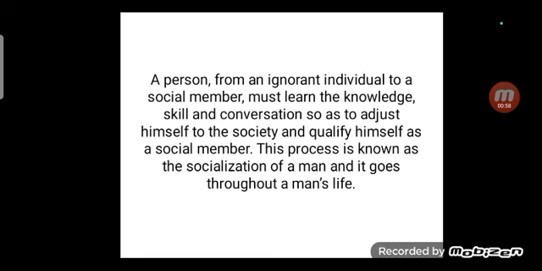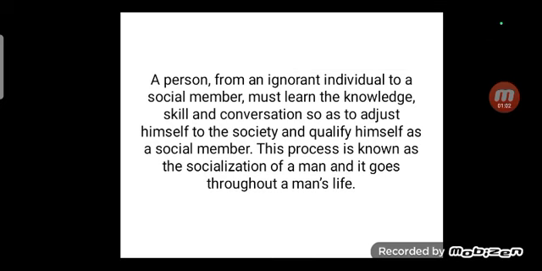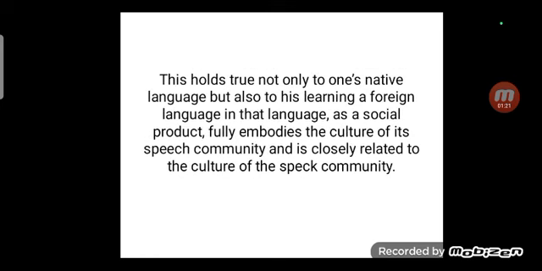A person, from an ignorant individual to a social member, must learn the knowledge, skill, and conversation so as to adjust himself to the society and qualify himself as a social member. This process is known as the socialization of a man, and it goes throughout a man's life.